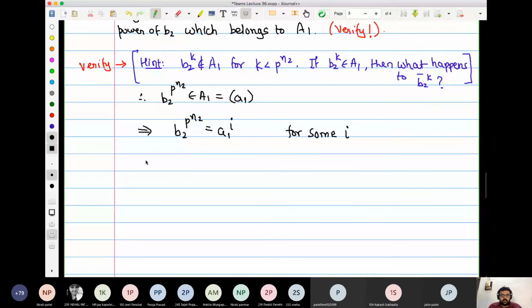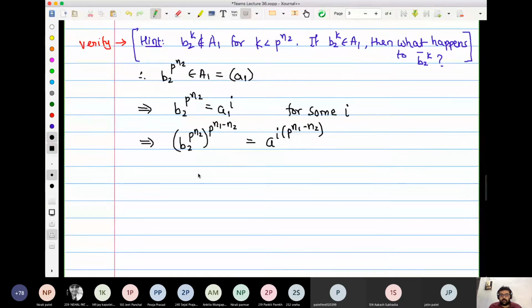Then let us take both sides to the power P power N1 minus N2. So B2 power P power N2 times P power N1 minus N2 equals A1 power I times P power N1 minus N2.